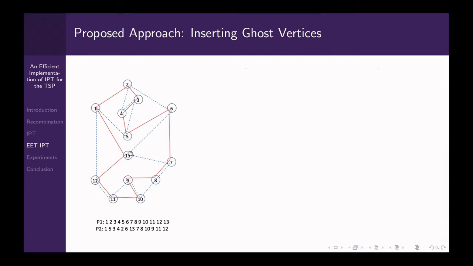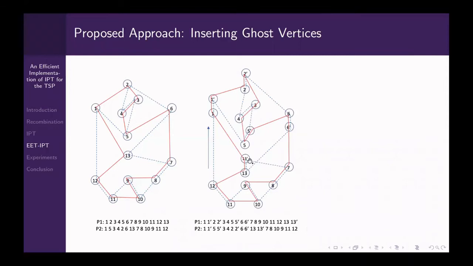That means there are no common edges associated with those vertices. So we split these vertices to create some ghost vertices like this, and just add a common edge with cost 0 between these two vertices.